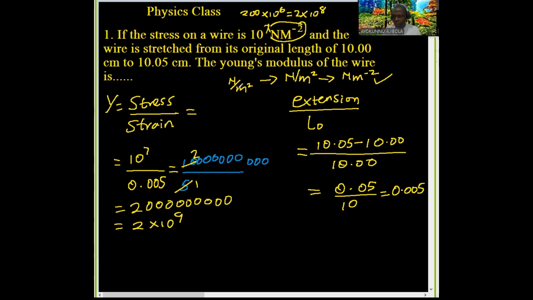And let me check on something here. Newton per meter square divided by the strain means the unit is still going to be Newton per meter square, because the strain has no unit.